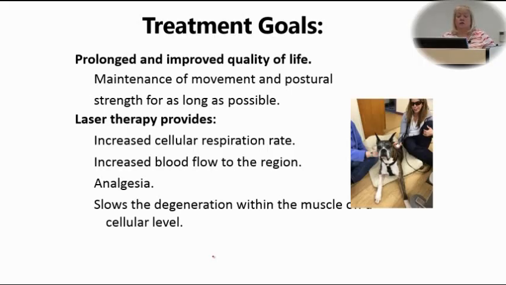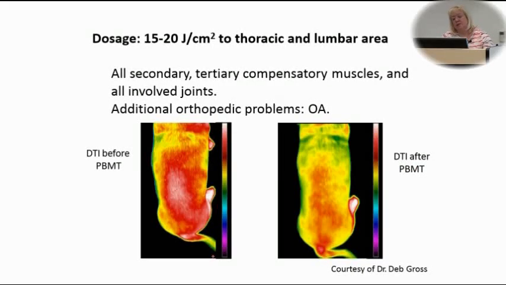So in the other low dose study, the dosage that she used was only 8 to 10 joules per centimeter squared, but with the higher dose, she was using 15 to 20 joules per centimeter squared, and she's done it up to 30 joules per centimeter squared in the thoracic and lumbar areas.